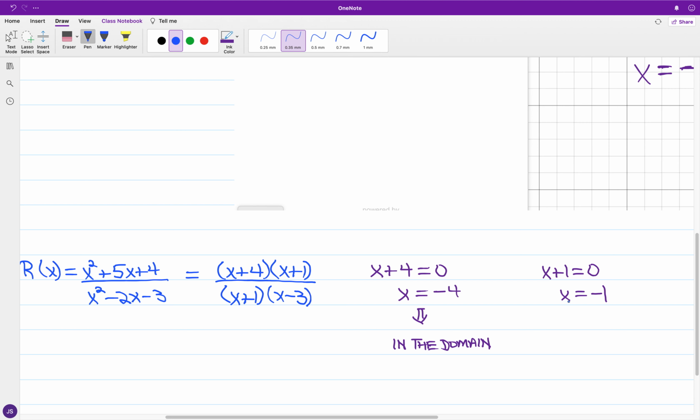And this is exactly what would happen with x equal to negative 1. The tiebreaker in terms of whether negative 1 is in the domain is the denominator. So negative 1 is not in the domain.